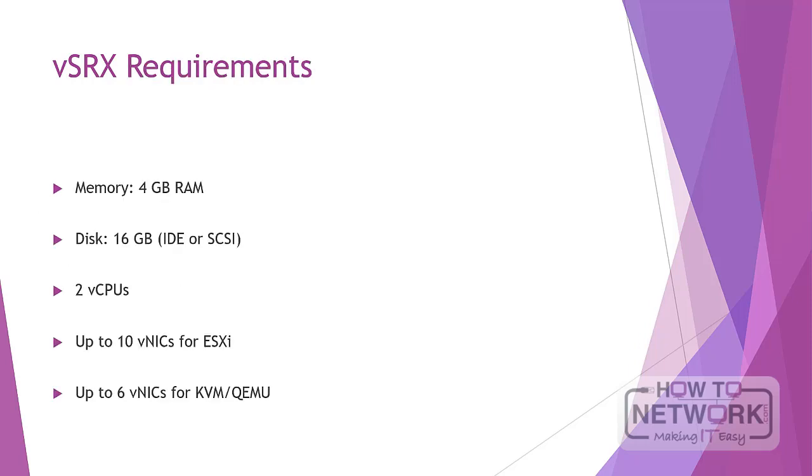The vSRX requirements are very simple. A minimum of 4 GB RAM when it comes to memory. Disk, you would need at least 16 GB, either IDE or SCSI. Then 2 virtual CPUs. And if you're using ESXi, the vSRX will support up to 10 virtual NICs, so 10 virtual interfaces.